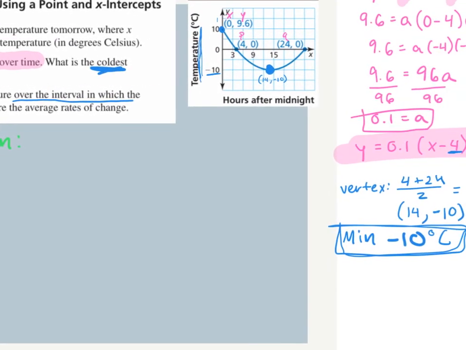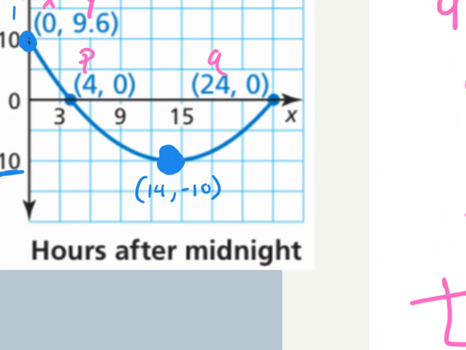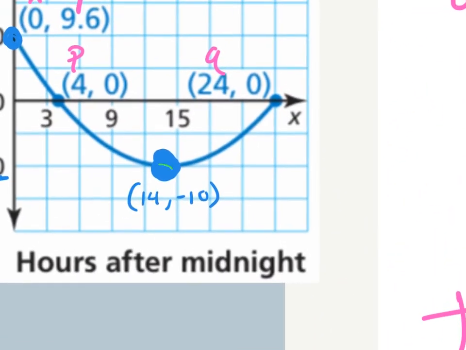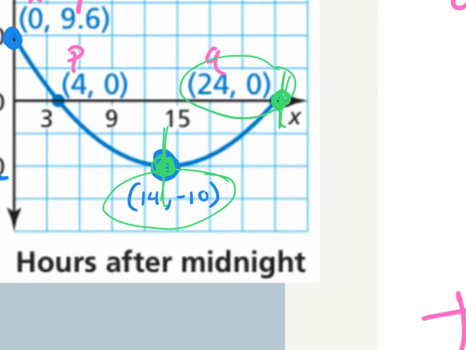So let's look at our interval at which it's increasing. Our graph is going up, starting at the vertex and going to this point. This is the interval in which it is increasing. So our 2 points we're going to use here are our vertex, 14, negative 10, and our point at the end, which is 24, 0.